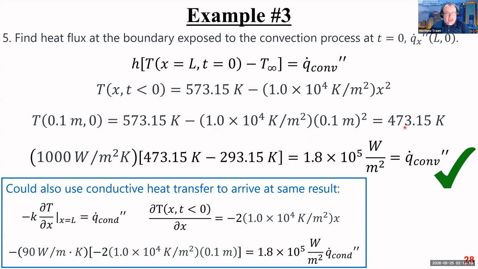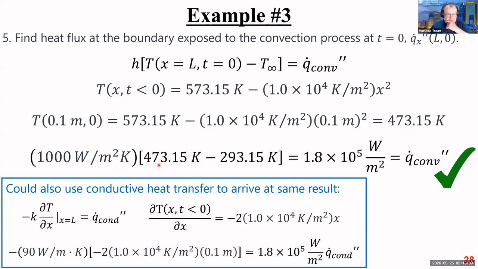Okay, and now that I have the value for the temperature at that spot at time equals 0, I can plug it into my convective heat transfer equation, and I can get the heat flux at that boundary, right? So here I'm doing that. Here's 1,000 watts per meter squared Kelvin, a given value for h.